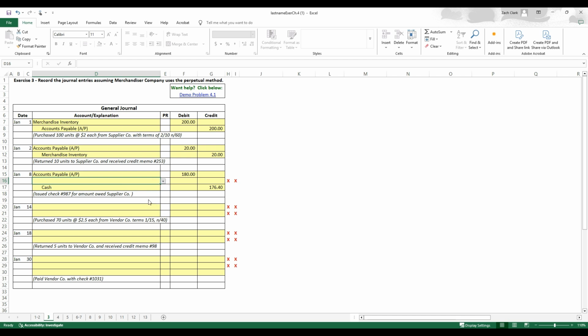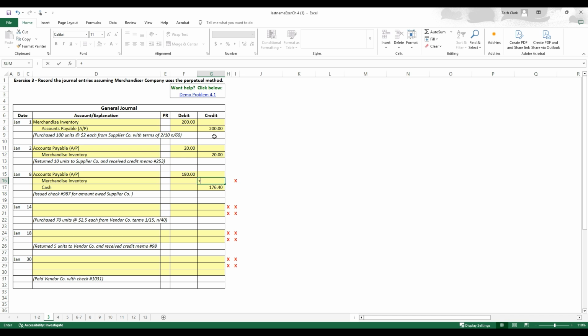The journal entry to record the discount then is going to be the difference between the two as a credit. Oh, why did that not work? In other words, we're paying this much, accounts payable goes down by the full amount, and there's 2%. That's funny, that didn't work, because it's this minus that.